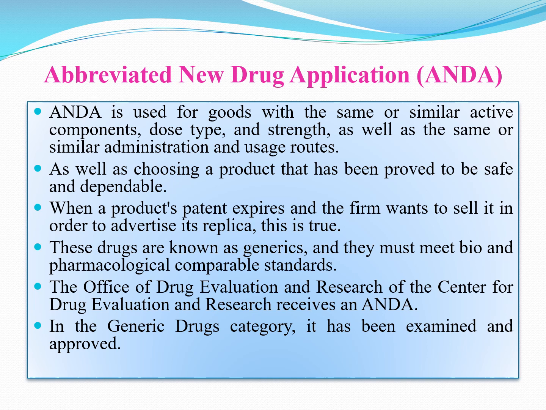This applies when a product's patent expires and the firm wants to sell its replica. These drugs are known as generics, and they must meet the bio and pharmacological equivalence standards. The Office of Generic Drugs of the Center for Drug Evaluation and Research receives an ANDA, and in the generic drugs category, it is examined and approved.